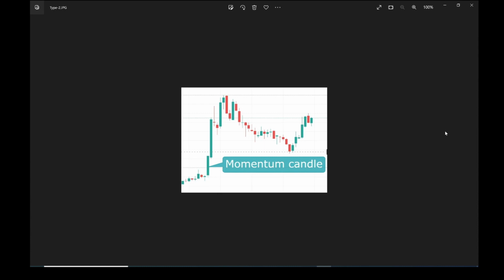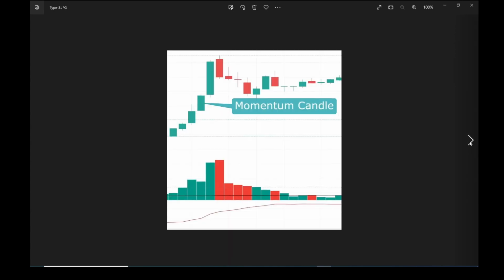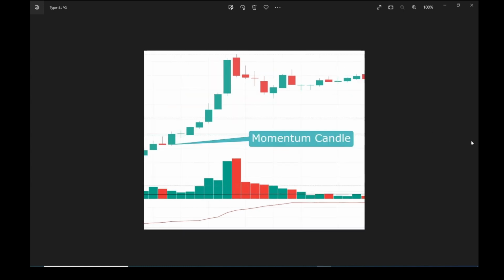Next, at the top we have a very tiny wick, and at the bottom there is no wick. We consider this as type 3 momentum candle. For type 4, we have tiny wicks at top and bottom with a solid body, 90%, 95% covering the total height.